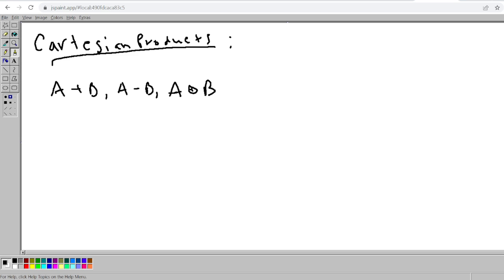But one thing we haven't defined is what happens when you multiply sets, and Cartesian products do exactly that. We can say that the definition of a Cartesian product, A multiplied with B, sometimes I'll just call it cross.